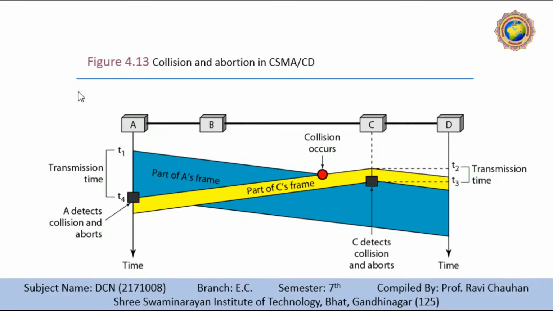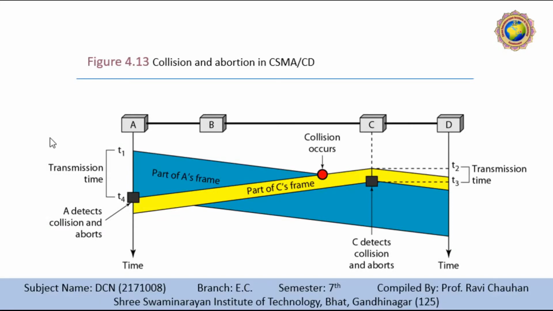So in this figure, it is the minimum frame size. For CSMA/CD to work, we need a restriction on the frame size. Before sending the last bit of the frame, our sending station must detect a collision and, if so, abort the transmission.